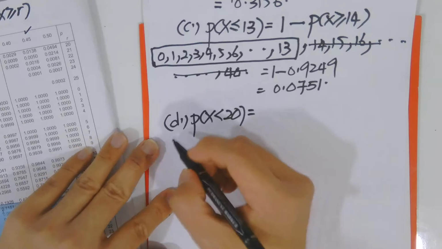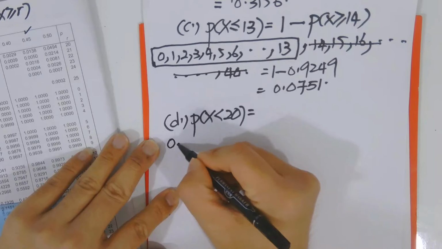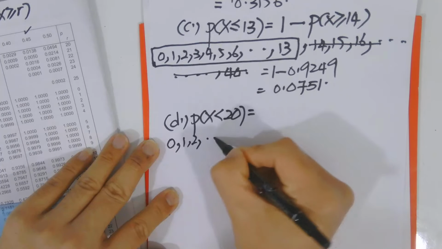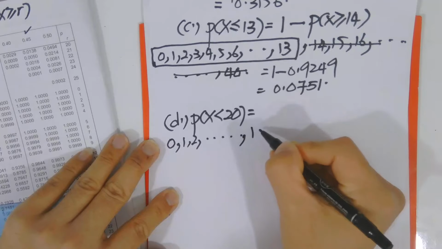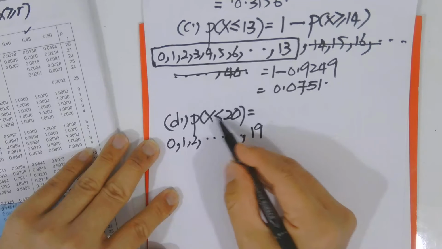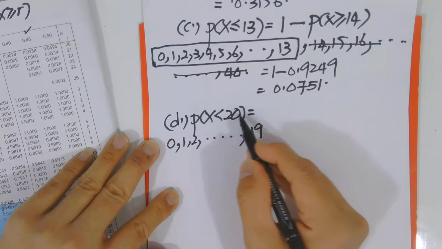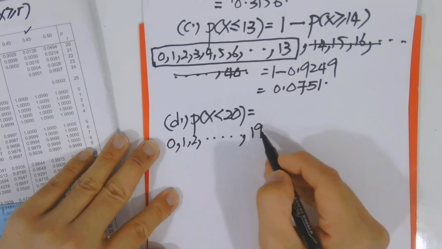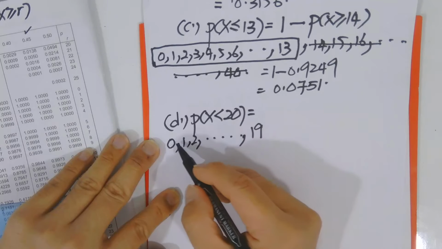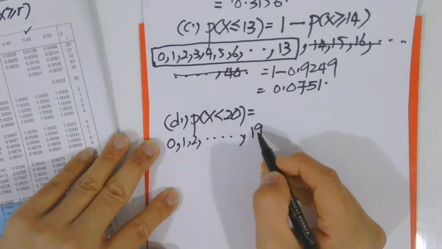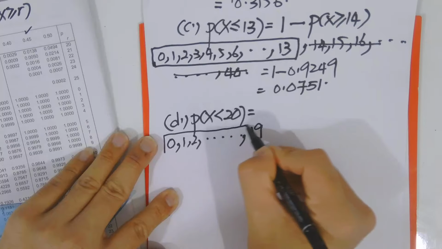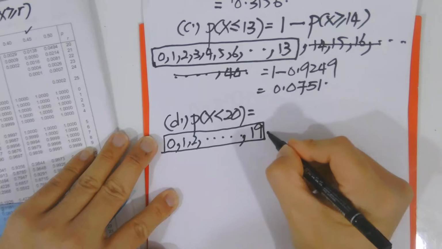Less than 20 is the value from 0, 1, 2, up to 19. We said less than 20, kurang daripada 20. Less than 20 means the maximum will be 19 if this is an integer, so it's 0 up to 19.